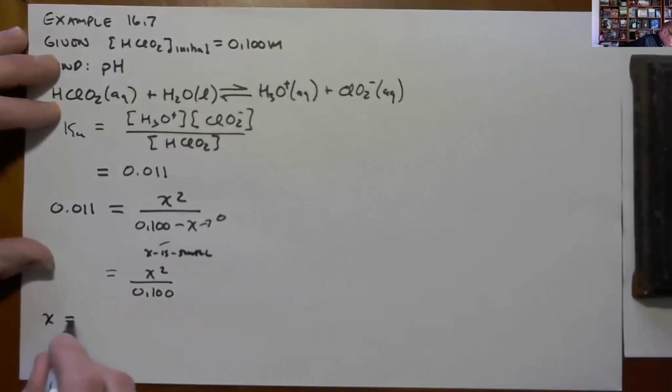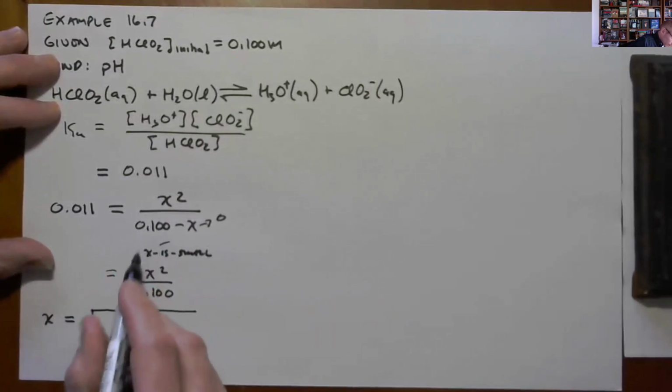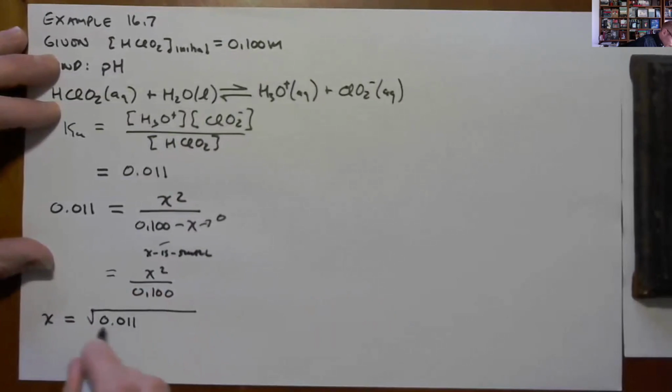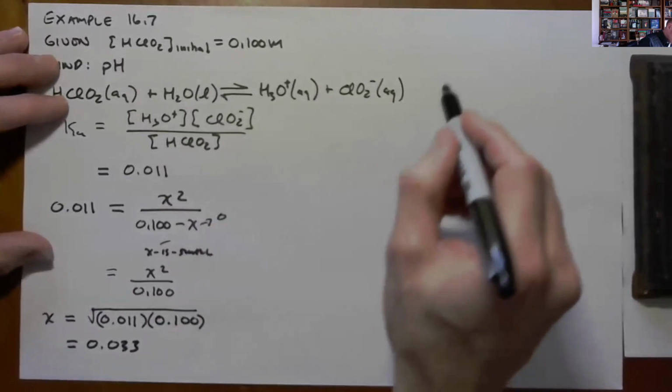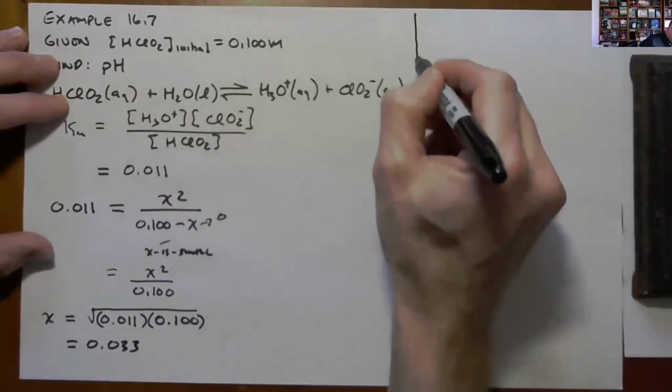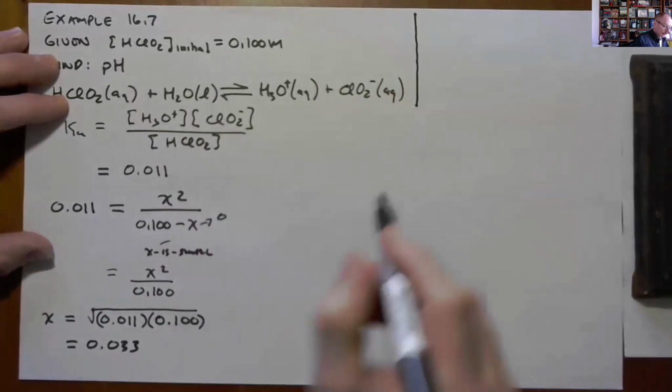And rearranging and just cutting to the chase, this is equal to our equilibrium constant times the initial concentration. This evaluates to 0.033. And of course, this will show us that X is not small enough.